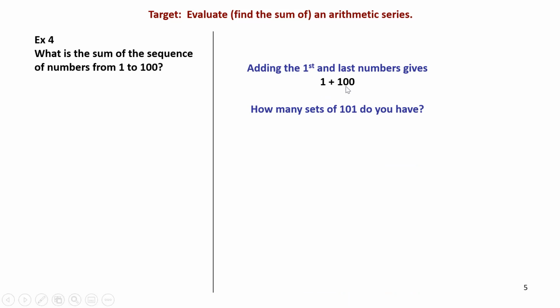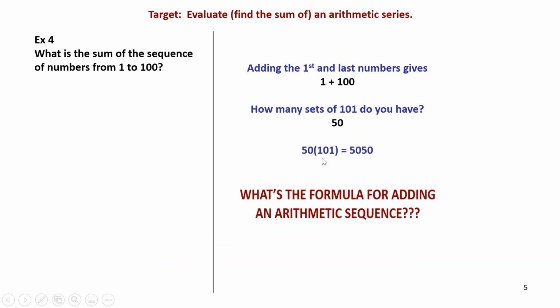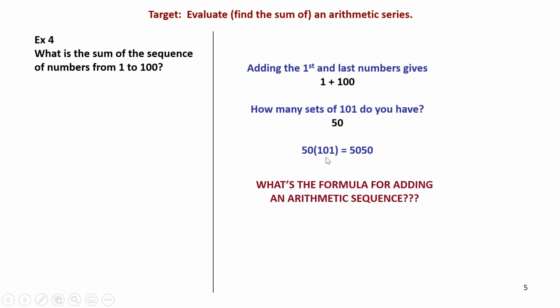Well, by peeling off the first and the last, I basically have half as many sets as I did numbers. Okay, so I end up with 50 sets of 101, and if I do 50 times 101, I get 5050.